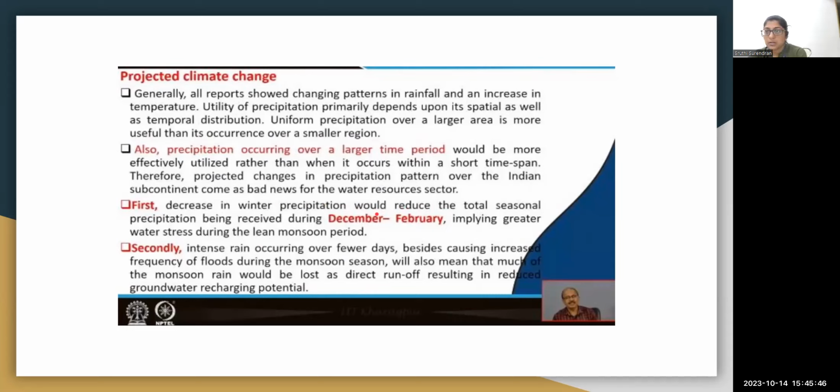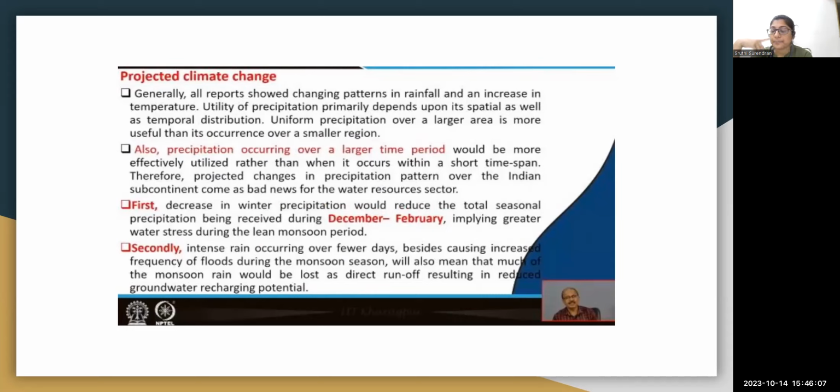Even now we have seen a very different pattern of rainfall in various parts of the country, resulting in extreme rainfall and flooding in some places, and extreme reduction in rainfall resulting in drought in others. This is going to worsen in the future.